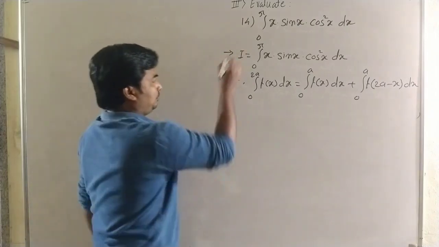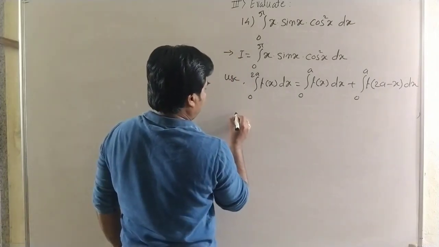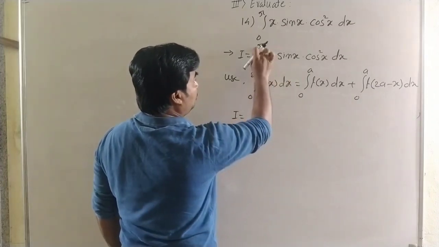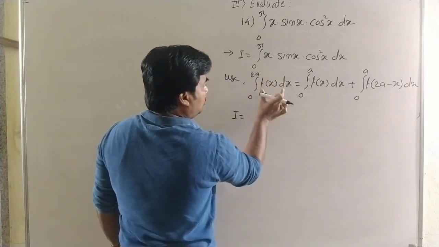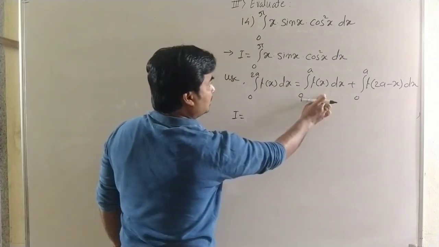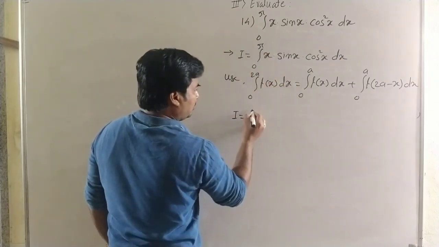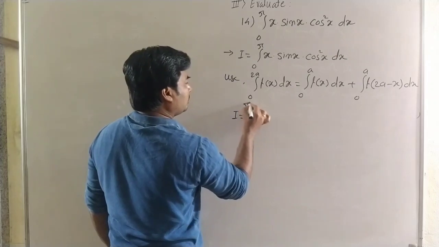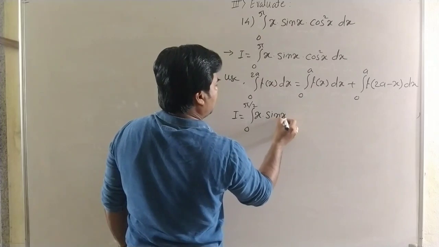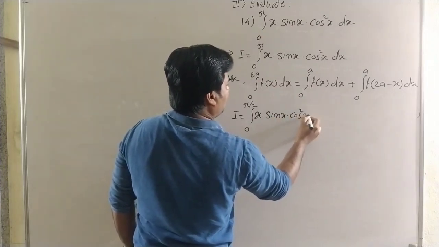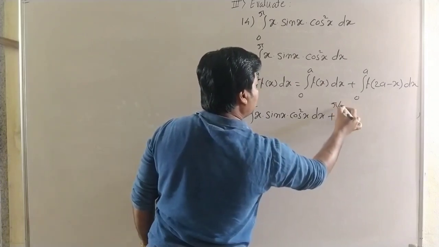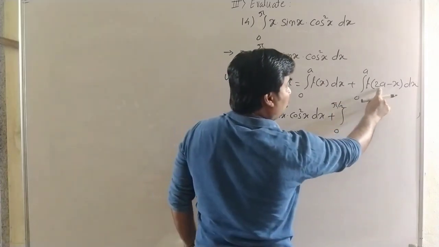Now see carefully, this is f of x, 0 to 2a. We can write this integral as 0 to pi by 2 of f of x as it is, x into sin x into cos square x dx, plus integral 0 to pi by 2 with x replaced by 2a minus x.